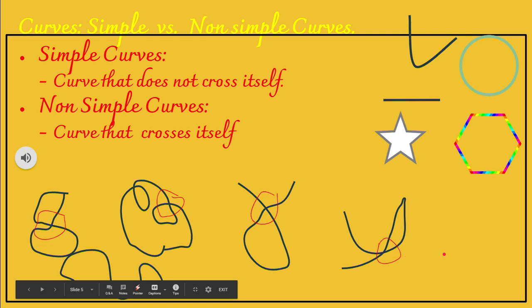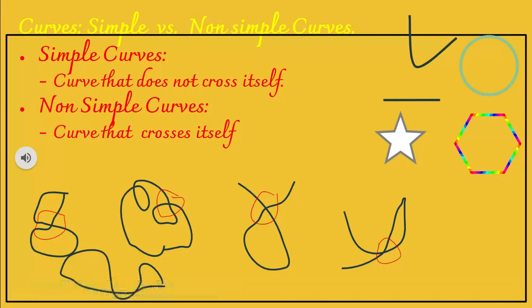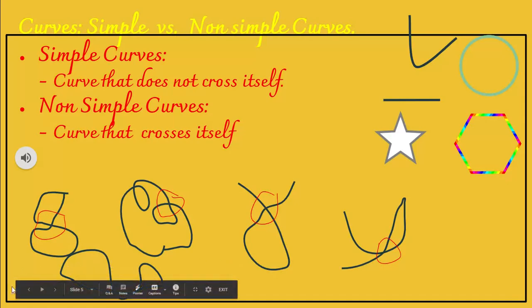Now, why are we talking about all this? Because we should have some idea about various shapes before we start talking about quadrilaterals, isn't it? Because a quadrilateral also is a specific type of shape, right? So with this, I think it is clear which is a simple curve and which is a non-simple curve, because later we need all these topics.